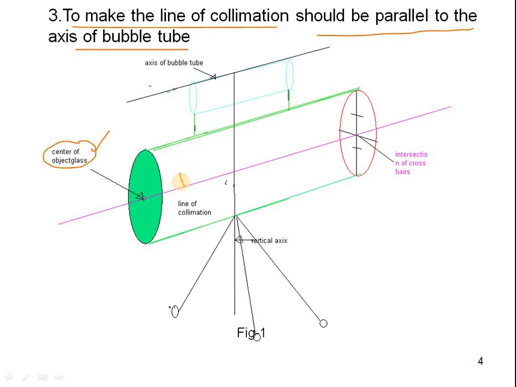The pink color line is the line of collimation at the center of the diaphragm, at the intersection of crosshairs. This central line is our line of collimation, or we will call it the collimation line of sight, and this is the axis of bubble tube.